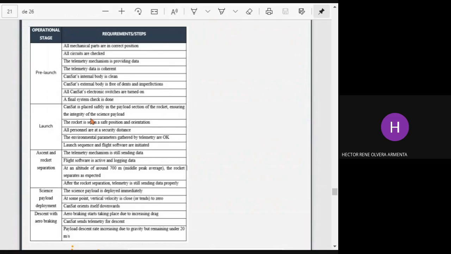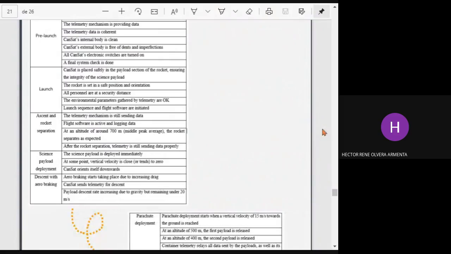Now, in the launch stage, there are other requirements. For example, the rocket is set in a safe position and orientation.